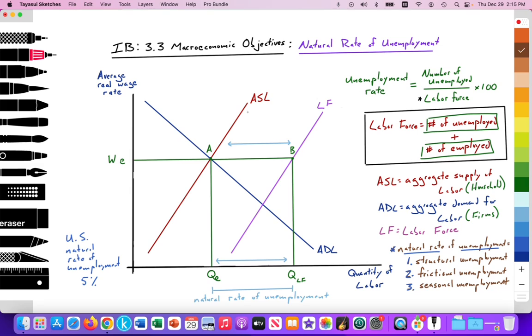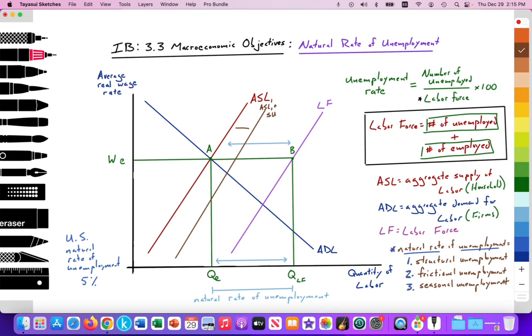So the distance between ASL and LF is composed of these three factors. So you can imagine, let's illustrate this. All right, and we'll say this is ASL1, and this is ASL1 plus the structural unemployment.